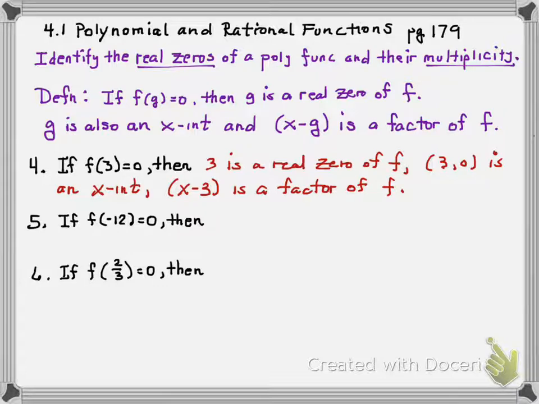Let's say f of negative 12 equals 0. In that case, negative 12 is a real zero of f.